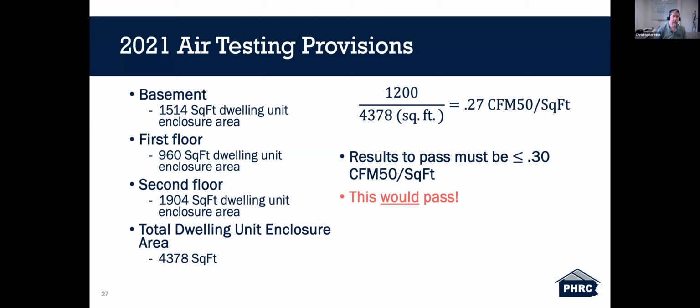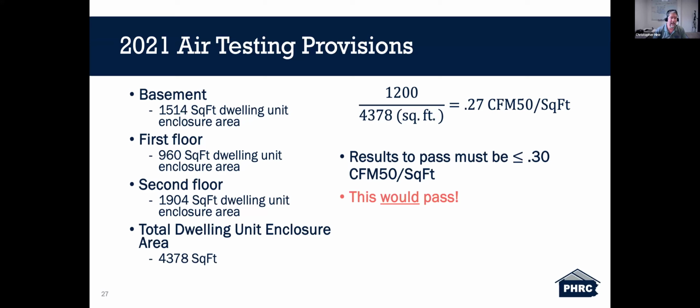Moving this forward into 2021, we're no longer looking at a volume-based test, right? This is no longer taking into account the volume. This is square foot of dwelling unit enclosure area. So our basement is, again, forgive me for running through these exact numbers, but precision matters. And what I want to state here is that the basement has 1,514 square foot of dwelling unit enclosure area.